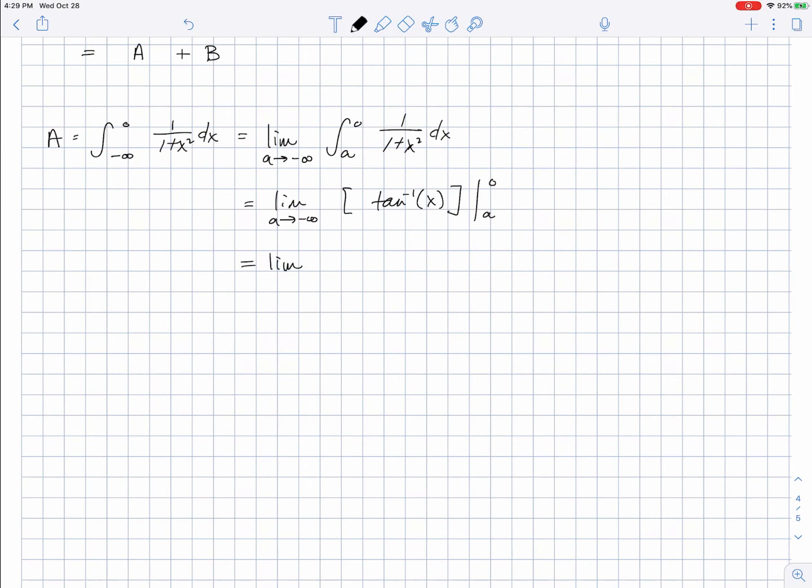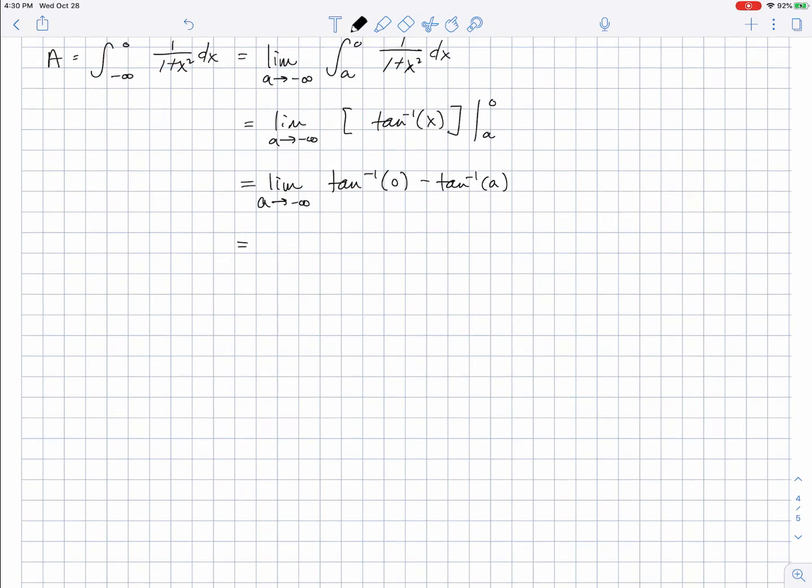And so this becomes the limit as a approaches negative infinity of the inverse tangent of 0 minus the inverse tangent of a. The inverse tangent of 0 turns out to be 0. So that's nice. And then we get the limit as a approaches negative infinity of negative inverse tangent of a, which we can write as negative the limit as a approaches negative infinity of the inverse tangent of a.